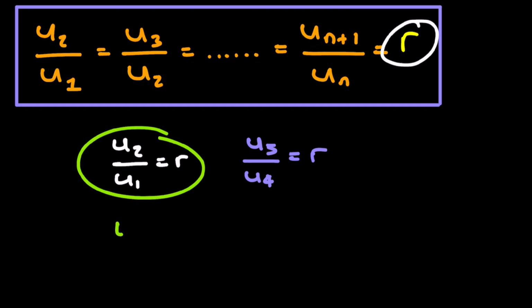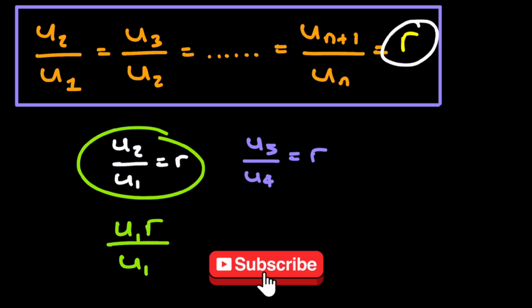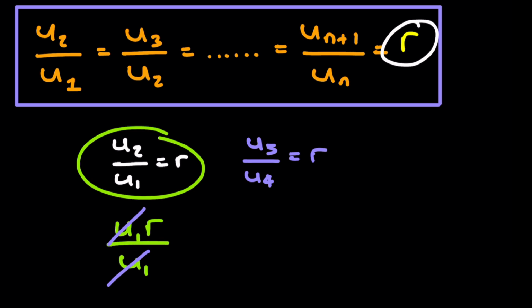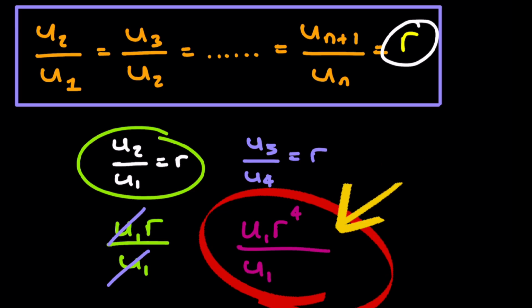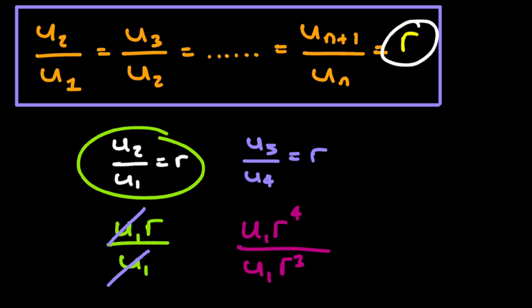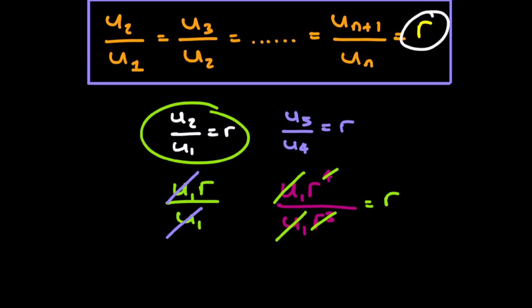If u2 was u1 times r, and we divide it by u1, then these will cancel out, leaving r. And that is the same for, let's say we had u5, which would be u1 times r to the power 4, and we divide it by u4, which is u1 r cubed. The u1s will always cancel out, and all these r's will cancel out with these, just leaving r. So that's why they are always equal to the common ratio if you divide consecutive numbers in the sequence.